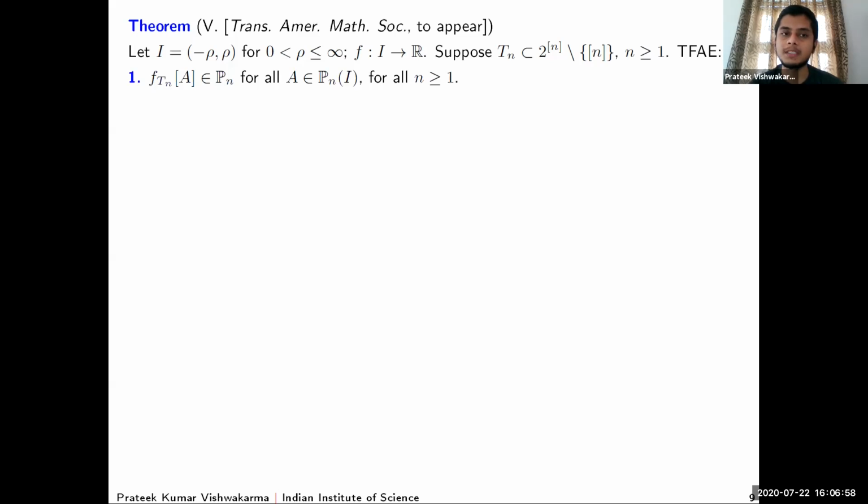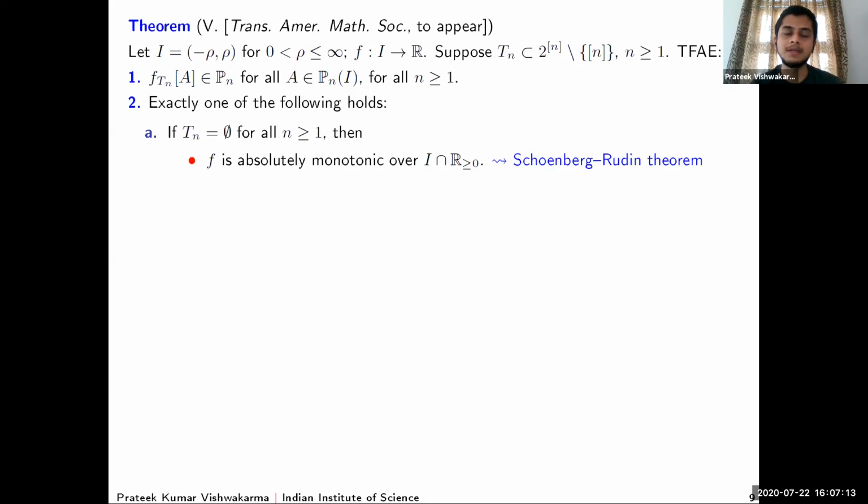That is, the operation f_Tn preserves positivity over Pn of I for all n, if and only if the function follows the following characterization. Now, the characterization here depends on the sequence Tn. So for instance, in the first case, if each Tn is the empty set, that is, the function f operates on all the entries, as we have seen in the Schoenberg-Rudin theorem, the function f has to be absolutely monotonic.